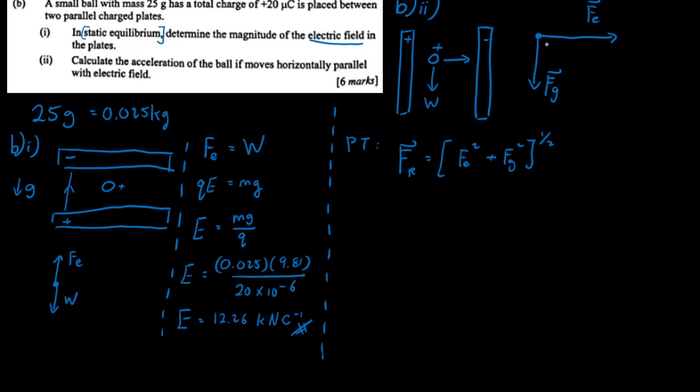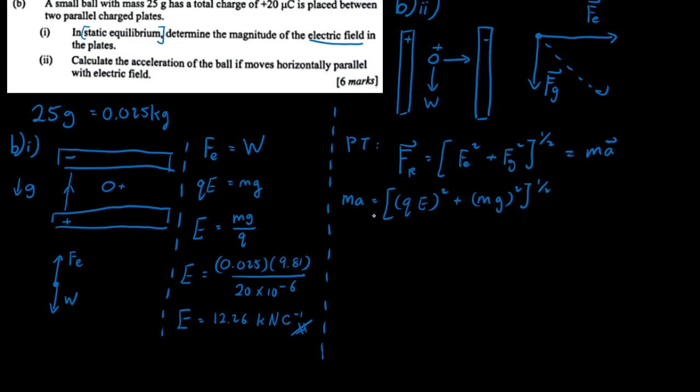And I'll have the triangle that we know and love, a right angle triangle. Okay, so again I have Fe equals to QE, Fg equals to mg, right? Let's just substitute those values, and I have the resultant force to be ma. So I'll have ma equals to the square root of QE squared plus mg squared.